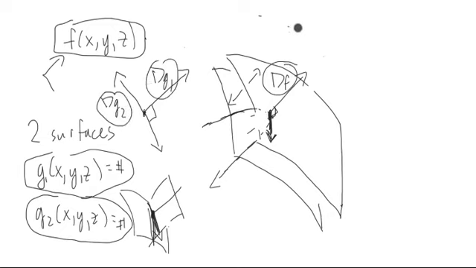So another way of saying that is just this is equal to some constant, which we use the Greek letter lambda here, some constant scalar of this gradient plus some constant scalar, this is a Greek mu, of the other gradient.